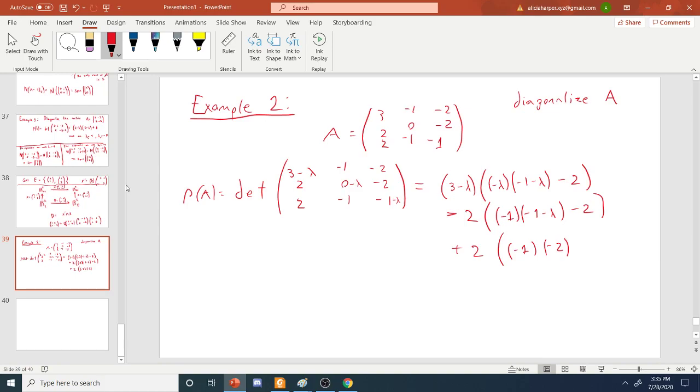By the way, I'm just doing a cofactor expansion here. Minus -2 times negative lambda.